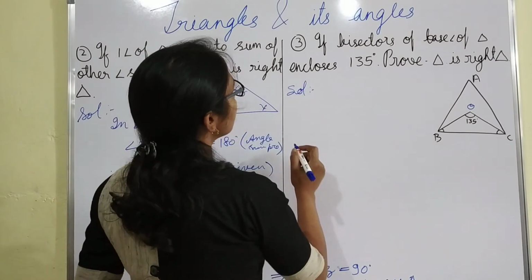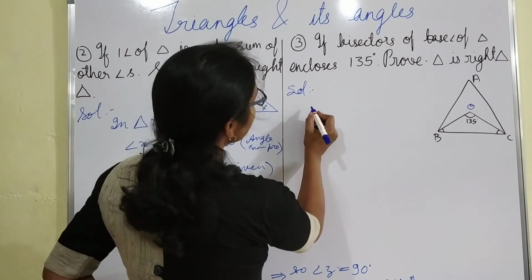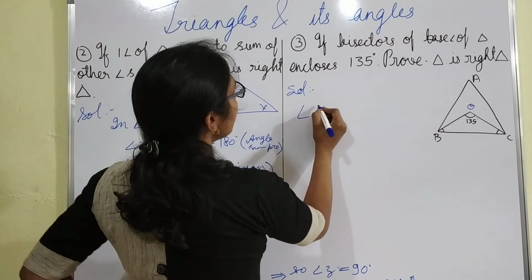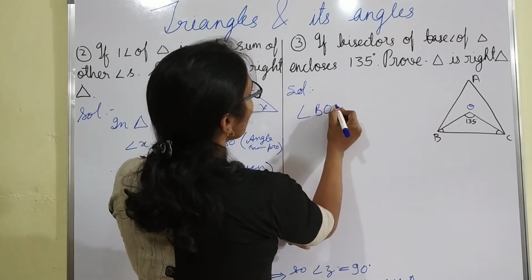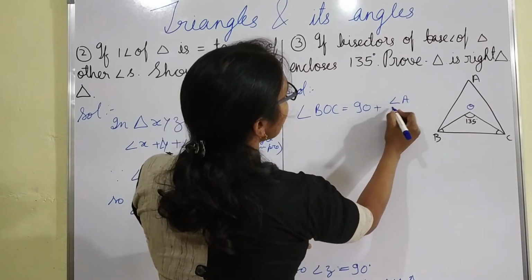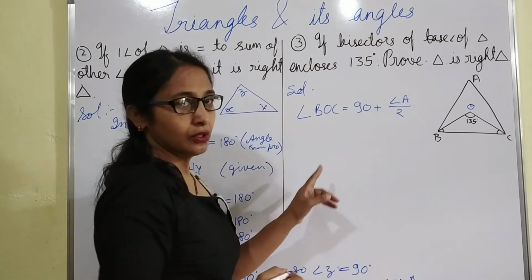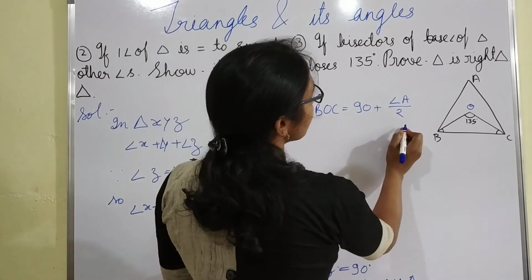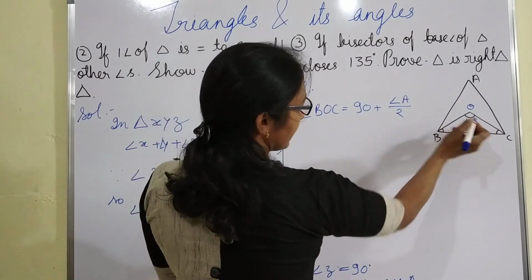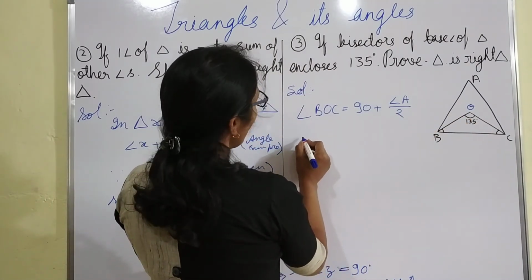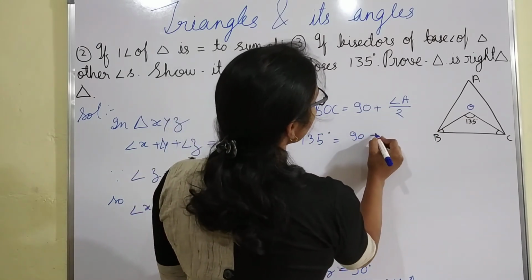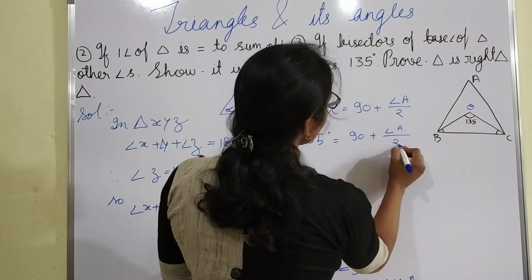So solution is angle BOC equals to 90 plus angle A upon 2. Okay, it is theorem. BOC is 135 degree. Now put value. 135 degree equals to 90 plus angle A upon 2.